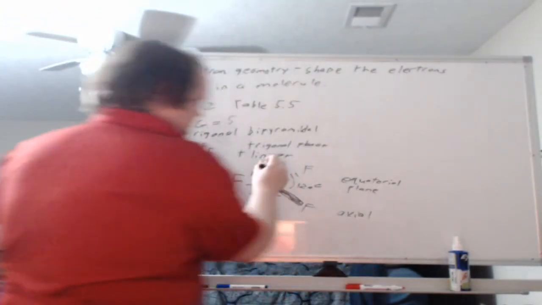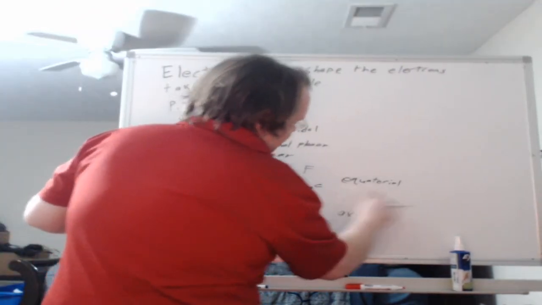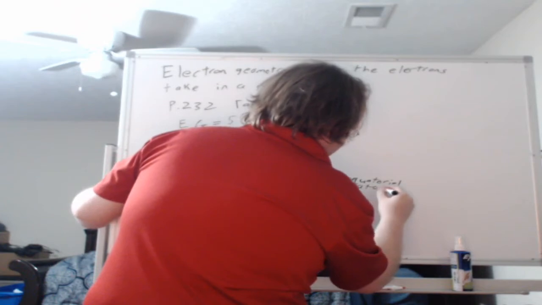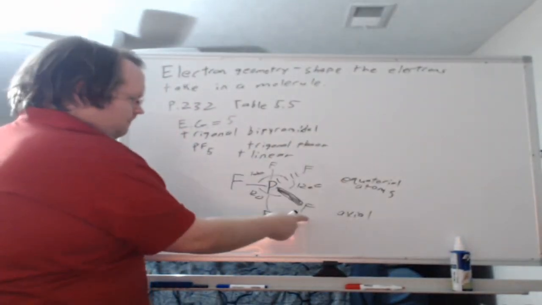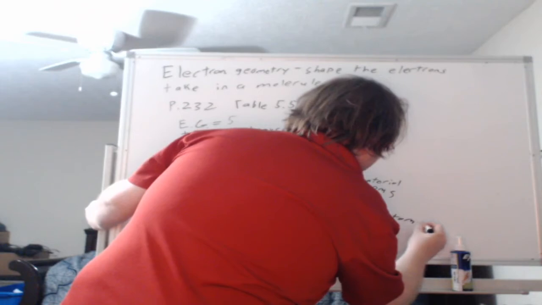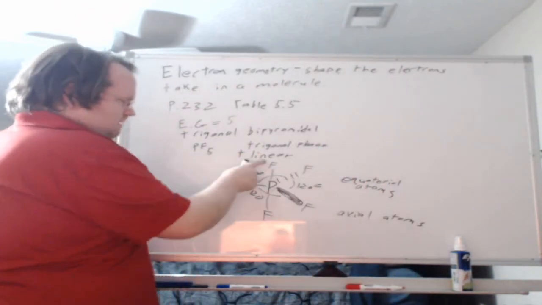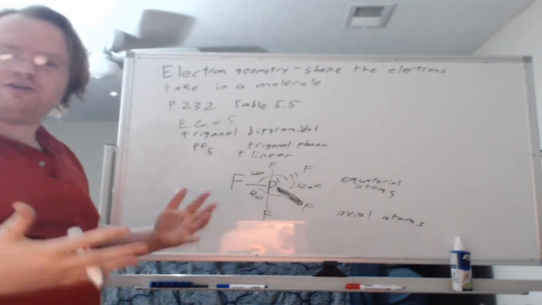So these are the 2 axial atoms. Sorry, I'm not going to call it a plane. It is a plane, but the focus is on atoms. So these 3 are the equatorial atoms in the triangle, and these 2 fluorines on top and bottom are axial. Your top and bottom atoms are always going to be your axial atoms. Equatorial will be in the middle, kind of like the equator of the Earth, right?